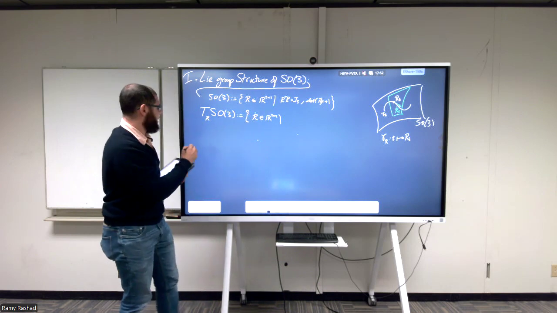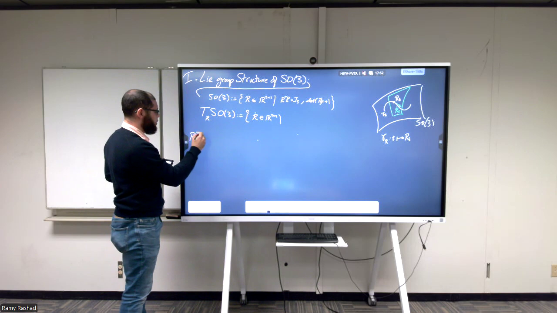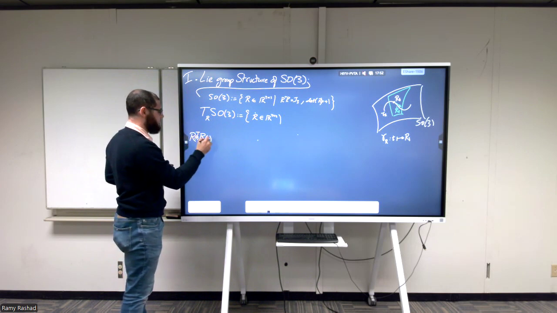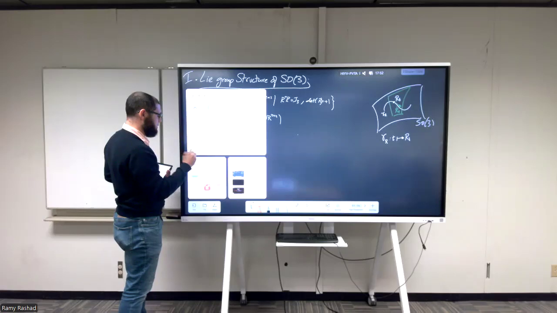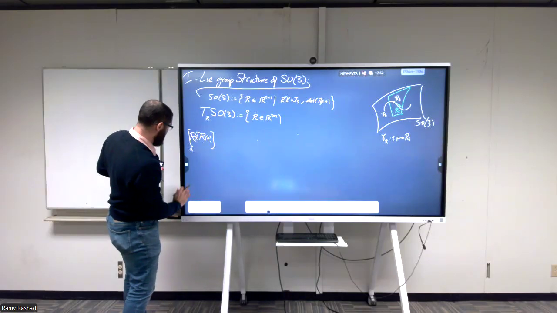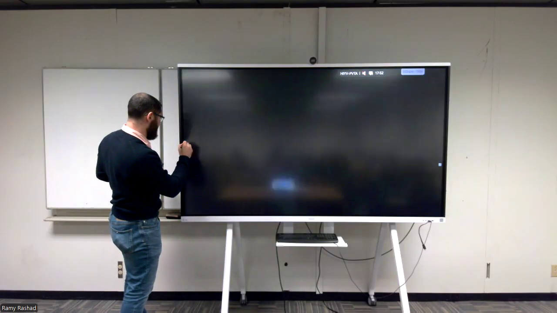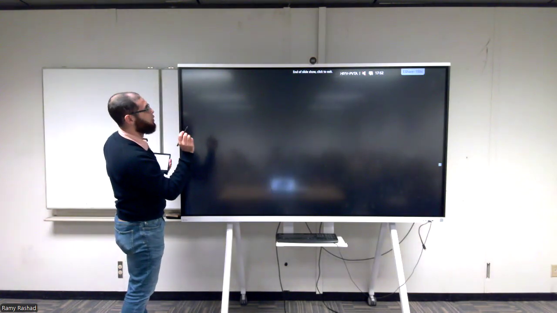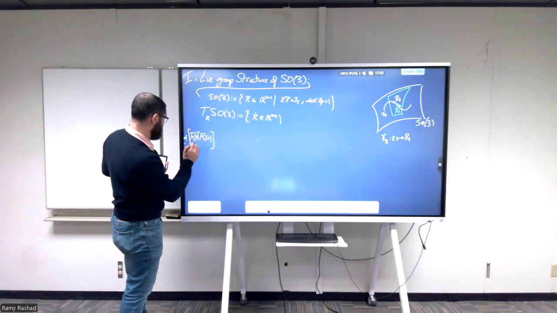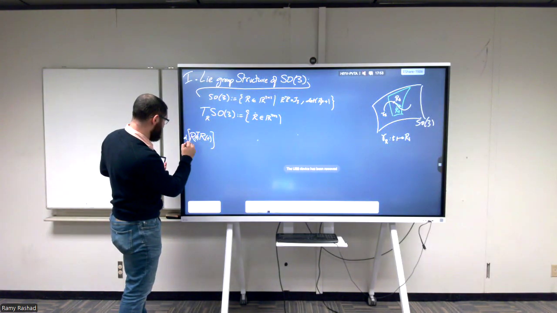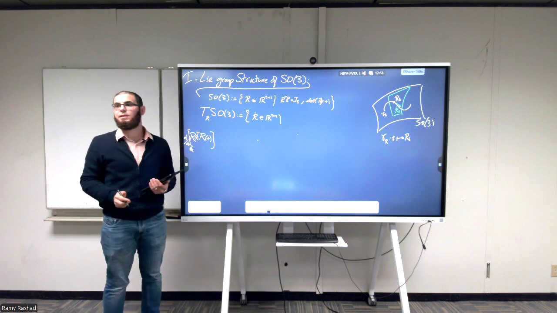Let's take that condition, R transpose R, and differentiate it. Let's assume that this is a function of time, and this is a function of time, and differentiate this expression with respect to t. So d by dt of this expression.